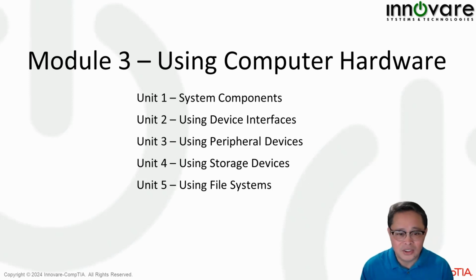And then on Unit 2, we will talk about using device interfaces. What are the interfaces that you can find in a computer, in a CPU? So we will identify the ports and the different connector types, including USB, which you all know about. And then graphic devices.